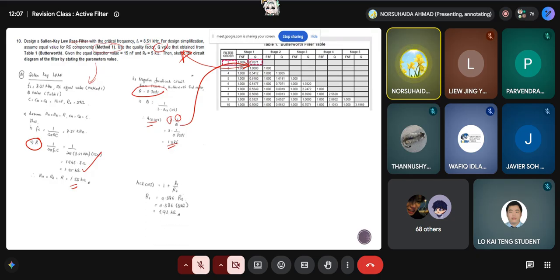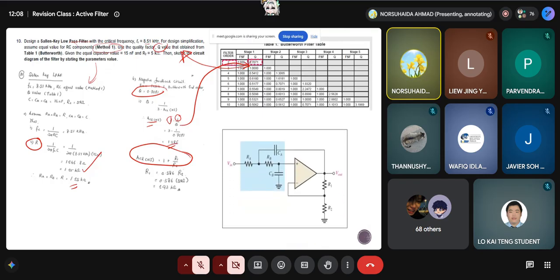Then we move to the ACL equation, which is another equation here. From this equation, we want to get the value of R1 since R2 is given. So our R1 equal to 2.93 kilo ohms. After we complete all the calculation, the question states to sketch the circuit diagram of the filter by stating the parameter values.